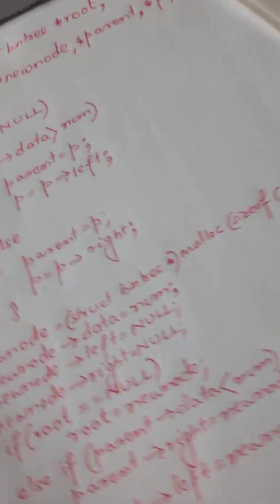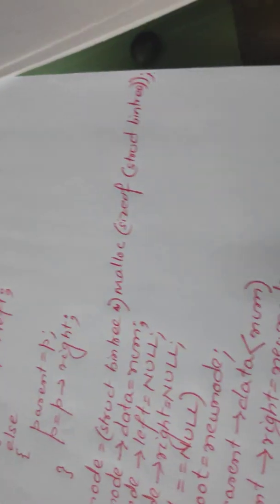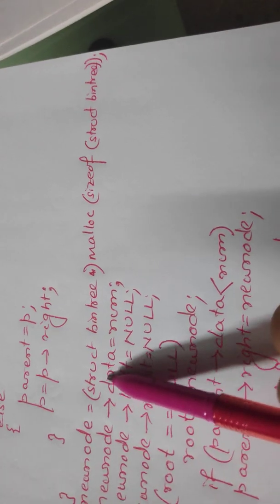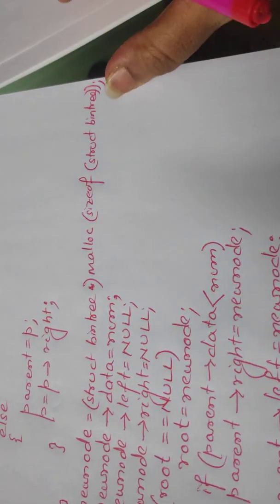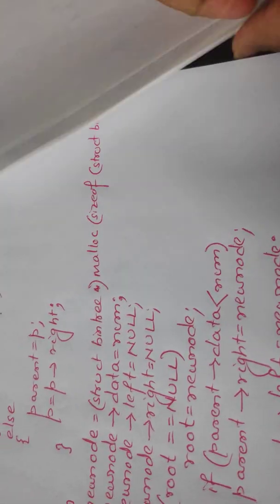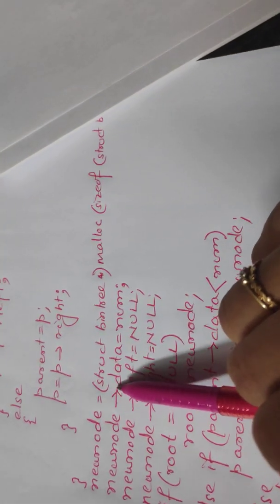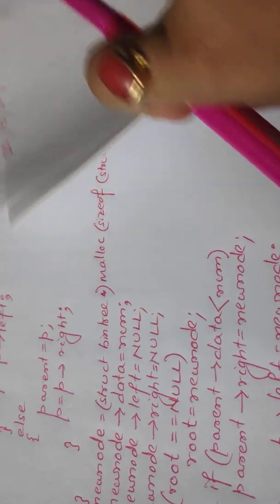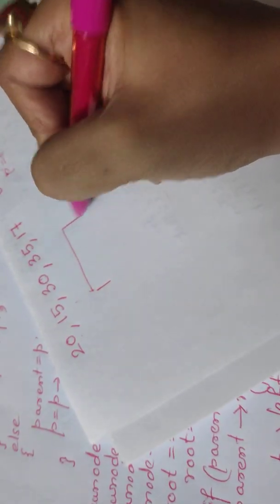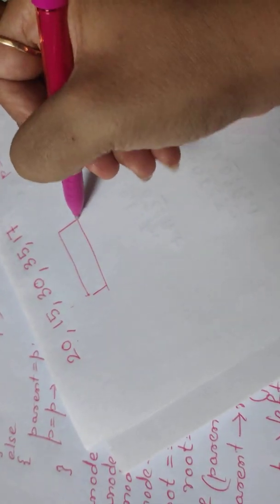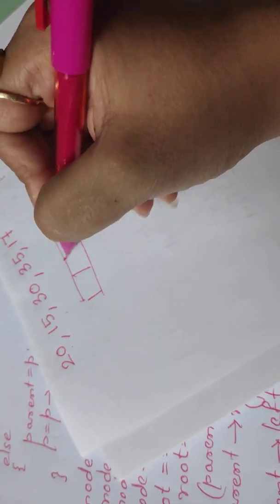What is this line doing? You are very familiar with this line. Using this line, we are allocating memory for a node. So as we execute this line, memory is allocated, and a node of bin tree type is created, which has 3 parts.